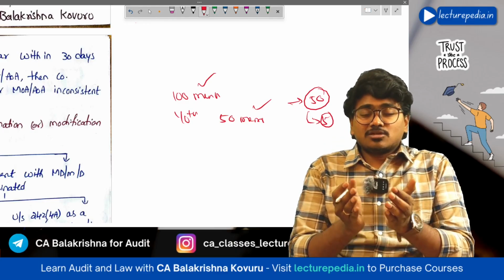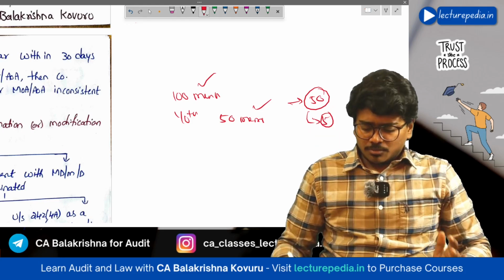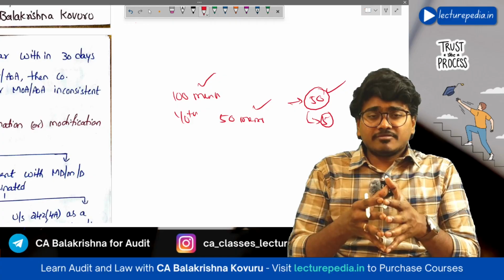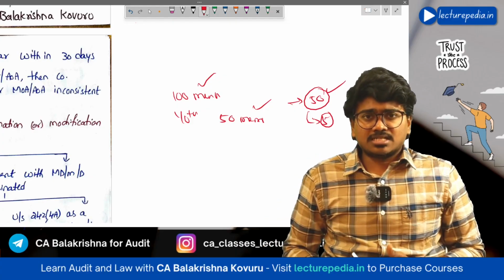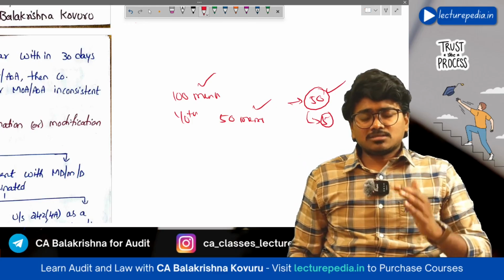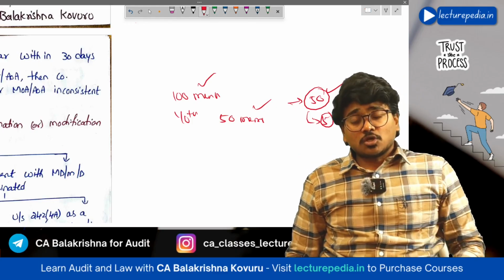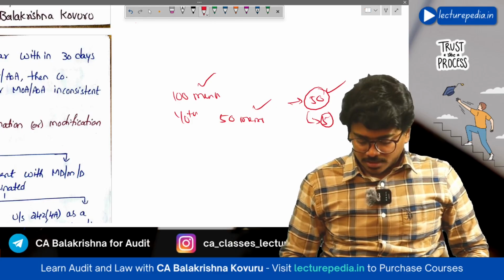The consent of the members has to be reckoned at the time of filing. At that time, 50 members were giving consent. After filing, they have withdrawn the consent. It doesn't matter, because at the time of filing they had given the consent, so the application will be valid. Hope that is clear.